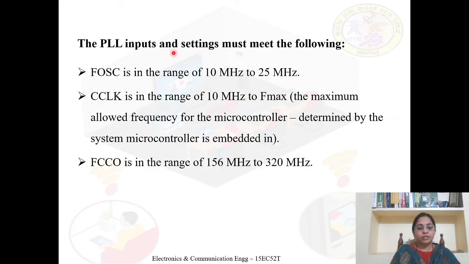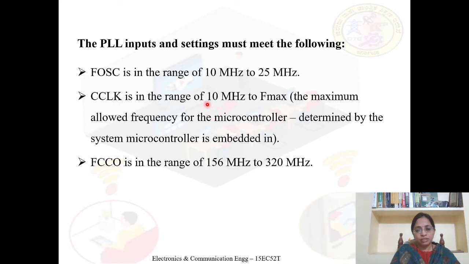And when we are calculating the value of M and P, we should remember these 3 points in our mind. The first one is FOSC. What is FOSC? The oscillator frequency. It should be in the range of 10 to 25 megahertz. CCLK is the CPU clock frequency, the output of PLL.